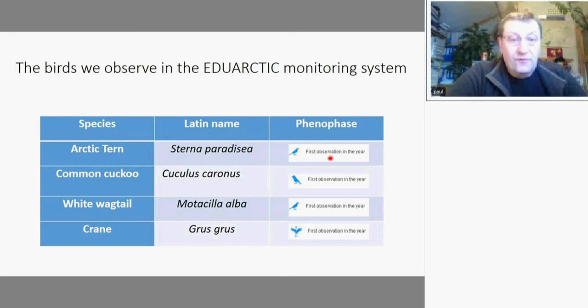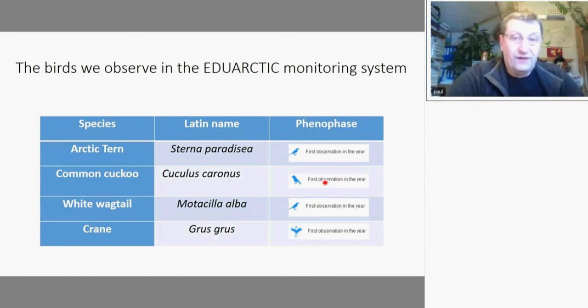Of these ones, we are going to have the first observation of the year. So the first time you see a Sterna, Arctic tern. First observation means not only that you can see them, these terns, but you can also hear them sometimes. But it's not easy to understand the sound of the different terns. The cuckoo is basically mostly heard.